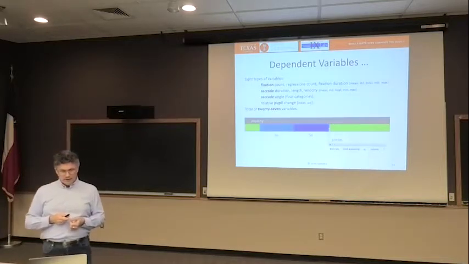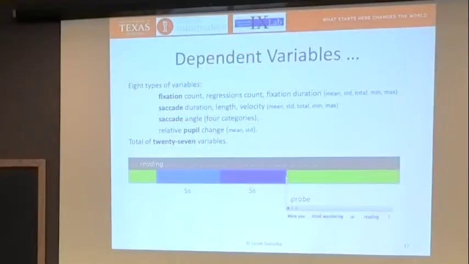And a number of different eye tracking based variables were used, a total of 27, including counts of fixations, regression count. Regressions are the eye movements that go against the direction of reading, so going back in the line, going in the other direction.